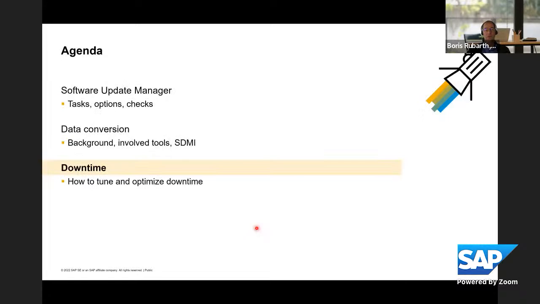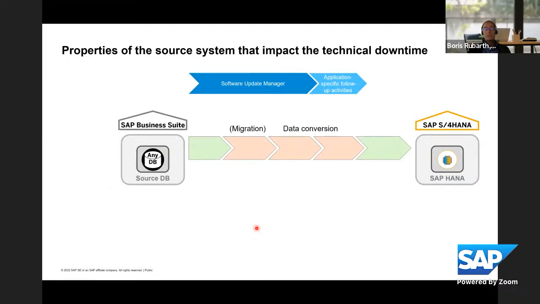With this, we now come to the third part concerning downtime. As typically, projects are very keen in reducing the downtime. So how can you influence the downtime with the means of the software update manager, and which additional options are available? That's now the question. And if we consider that the system conversion is taking a source system and it's converting to SAP S/4HANA, that's just an illustration.